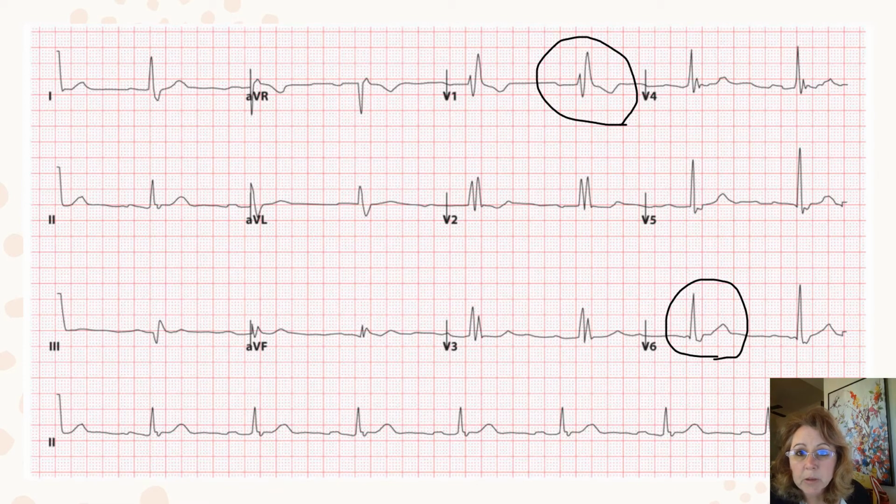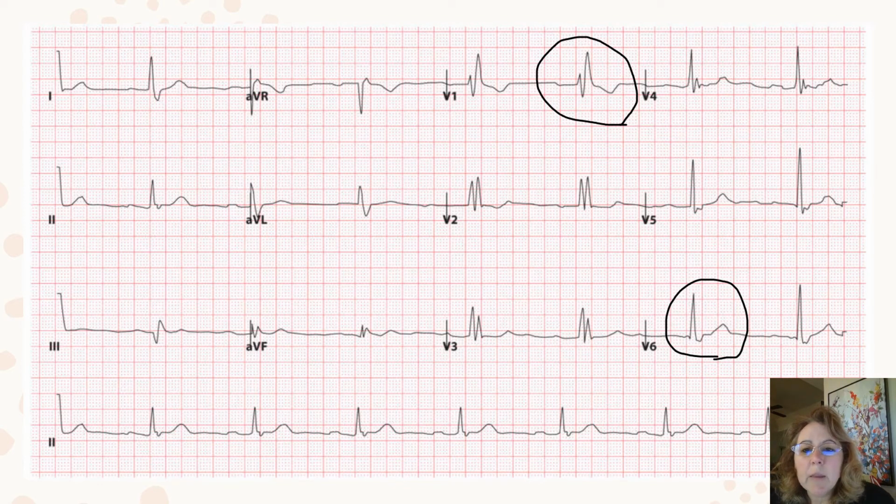Now we're going to look for bundle branch blocks, and we look at V1 and V6. Well, number one, I can tell that it's wide and bizarre. That QRS complex is a good 0.16 to almost 0.2. Go to the widest one that you can see, and that looks to be about V2 to V3. That's almost a full big box. So I would say about 0.16, maybe close to 0.18.